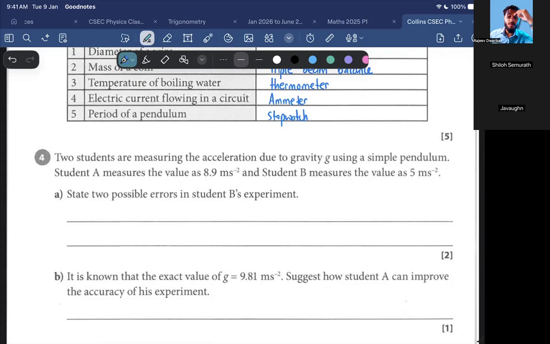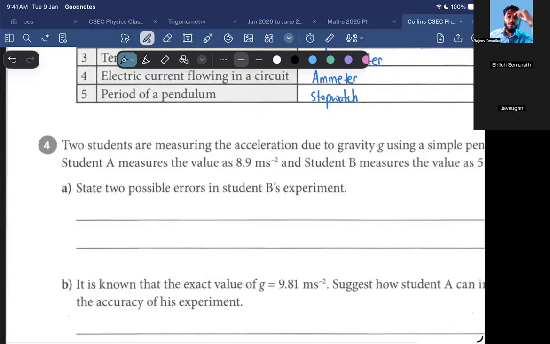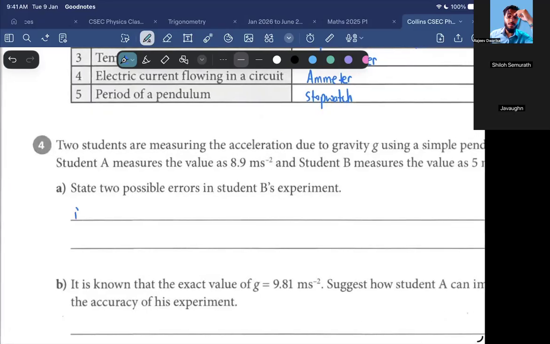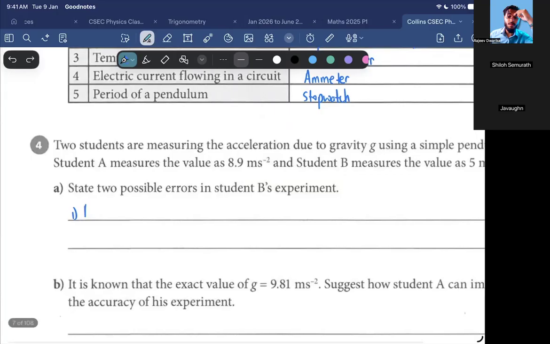Maybe with timing, yeah, human reaction time. So it could definitely be reaction time, right?